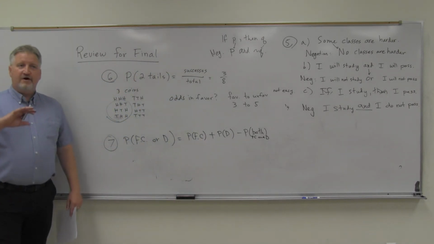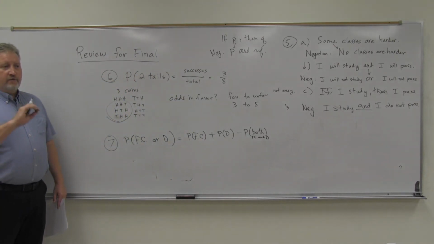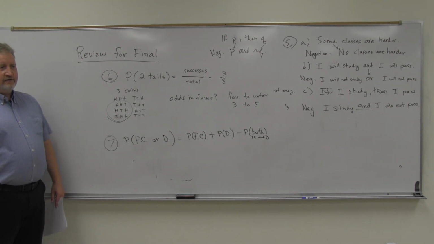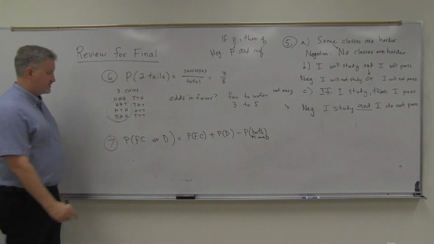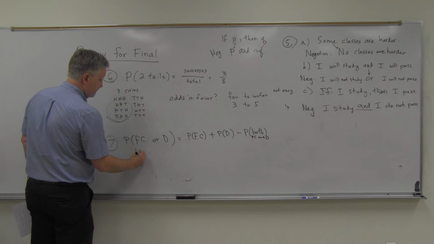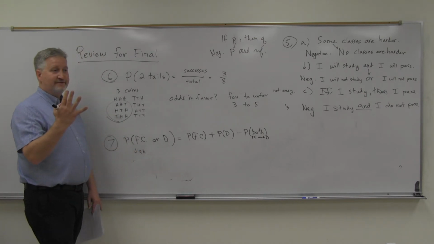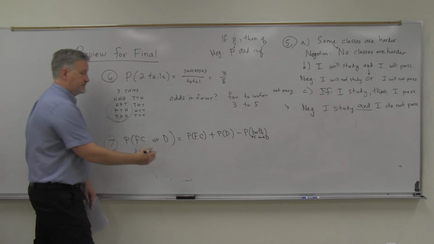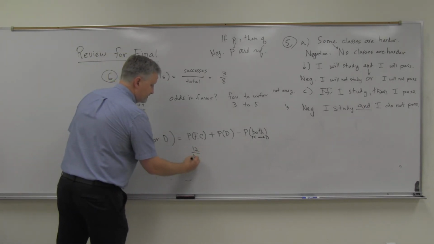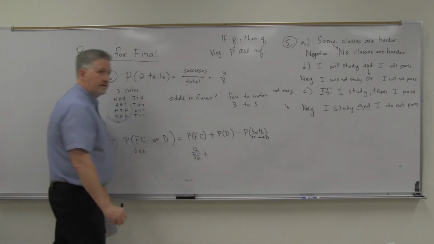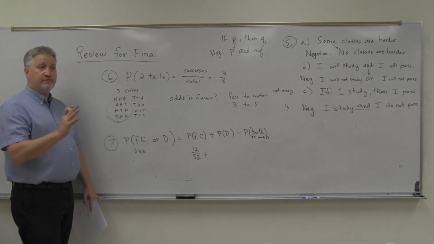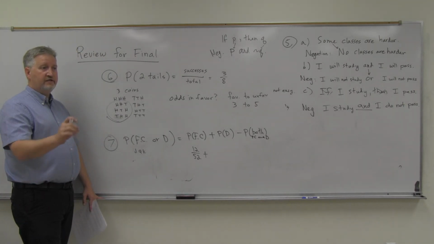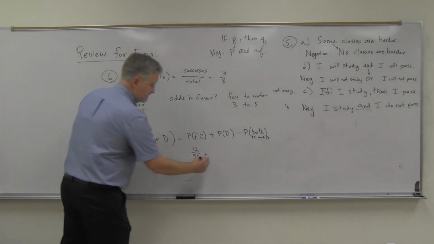All right, so face cards, that's the queen, king, and jack. Jack, queen, king of each suit. So there's 4 suits. There's 3 face cards in each suit, so that's 12 face cards out of 52 cards. Diamonds, that's one of the suits, so there's 13 in each suit, so there's 13 diamonds.